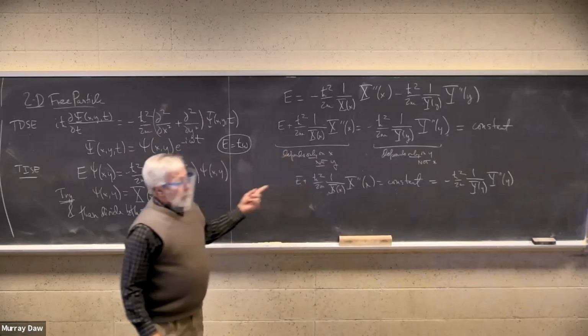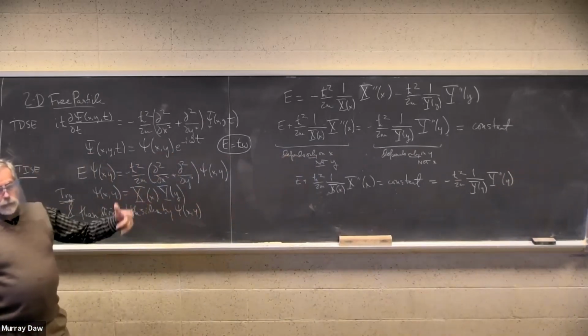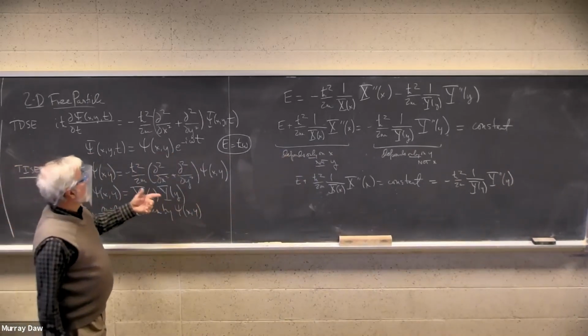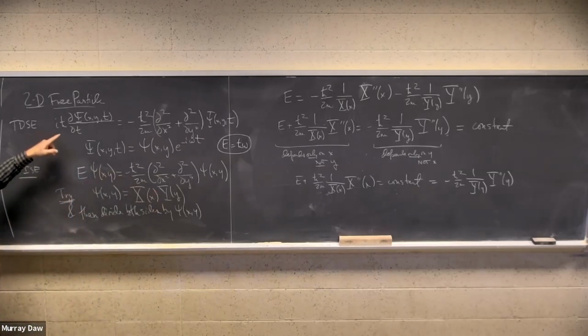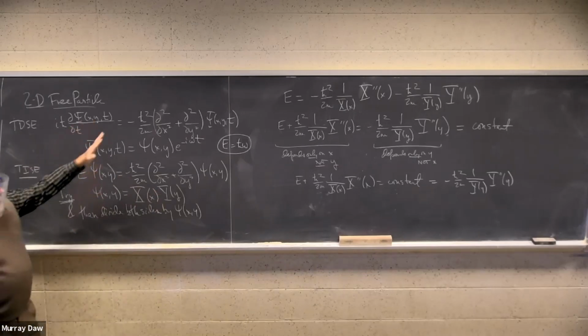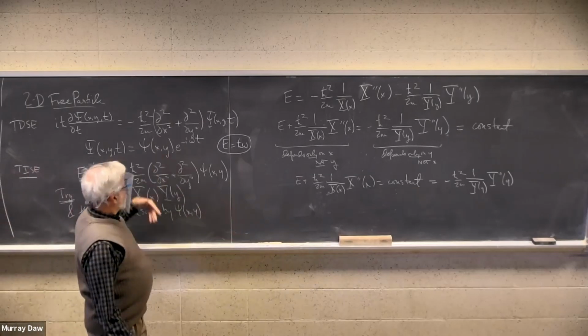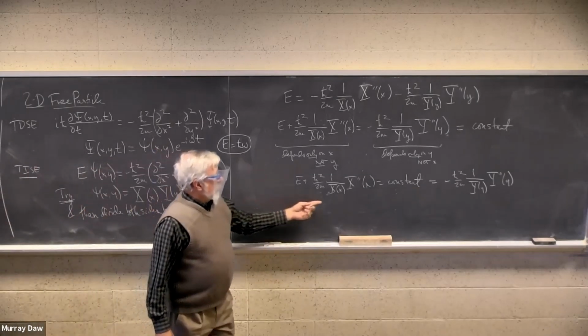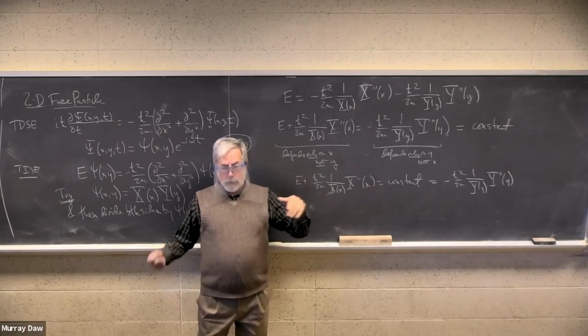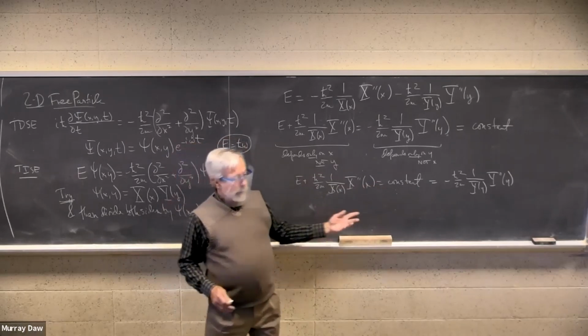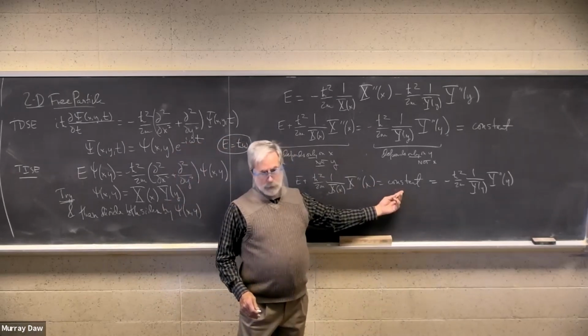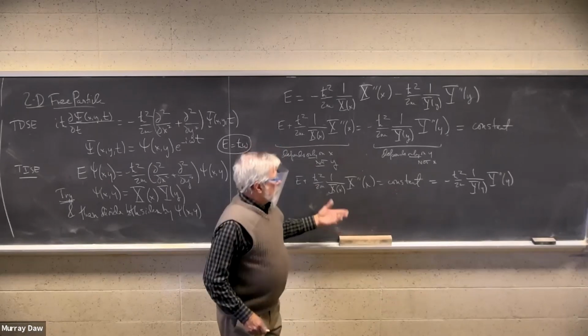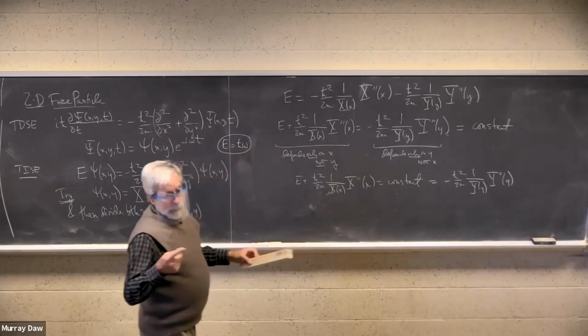So we have two equations, one in X and one in Y. That's why it's convenient, because we started off with an equation in 3 variables, and by this process, time came out, and now we have 2 equations. They're connected because those 2 equations have to equal the same separation constant. Now we have 2 equations, each in one variable.